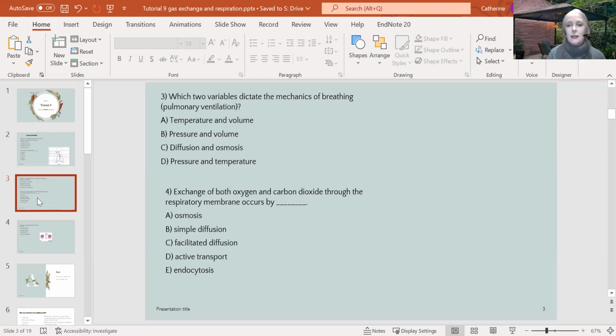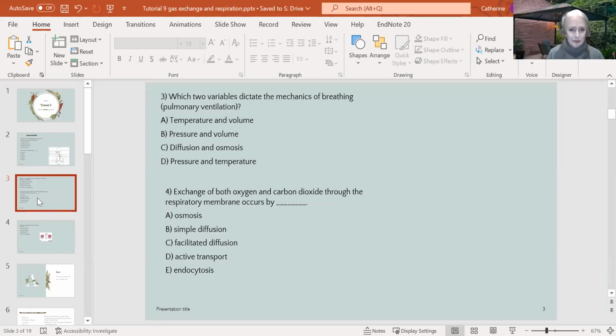Okay. So this one's a little bit about figuring out what we have learned about pulmonary ventilation. Which two variables actually dictate the mechanics of breathing? Is it B? It is B. Does everyone else agree with that? Pressure and volume?